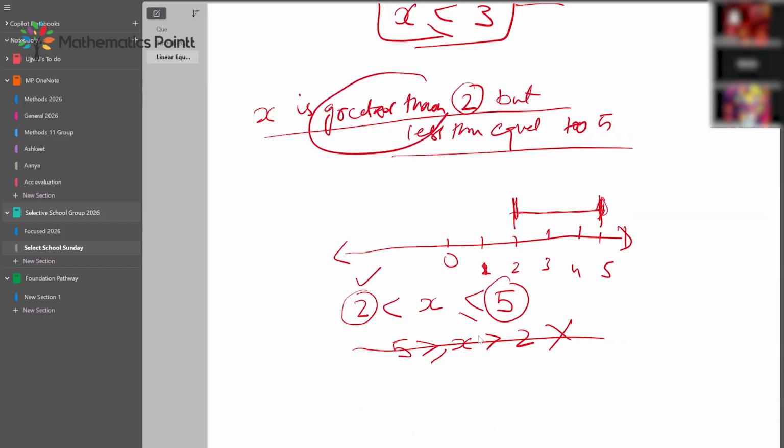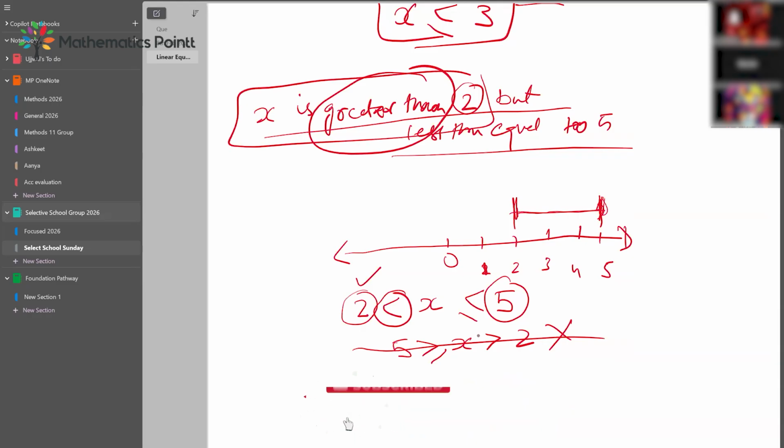Greater than. So it's only greater than. Or you can slice and dice it into two parts. X is greater than 2. X is less than or equal to 5. Just combine them. 2 and 5 are here.